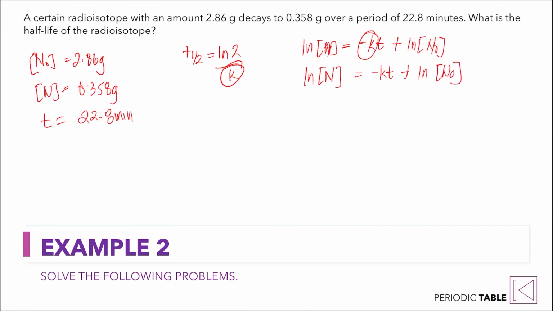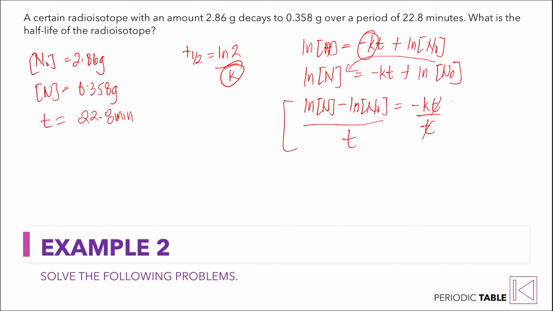So gagawin natin is ililipat natin yung n0 dun sa left, giving you ln n minus ln n0 is equal to negative k t. So let's solve for the value of k muna. So divide both sides by t and then multiply both sides by negative 1 to get rid of the negative value. So magiging negative yung kaliwa. So giving you k is equal to ln n0 minus ln n over t.